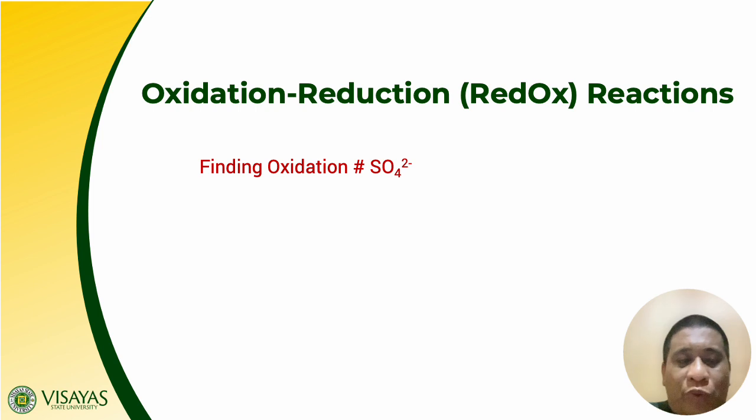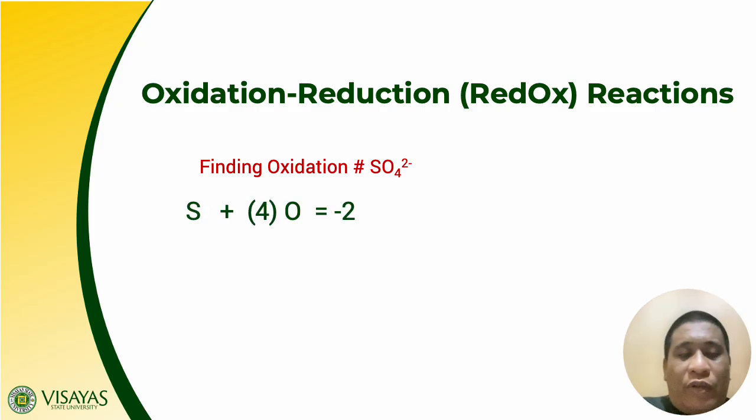Now, another example would be this polyatomic ion, which we know is the sulfate ion. So you have SO4 2-. That means the overall net charge would be negative 2. In this case, we know from the rules that oxygen will be negative 2, so we can solve for sulfur. We can write this as an equation: oxidation number of sulfur plus 4 times the oxidation number of oxygen, since there are 4 oxygen atoms, is equal to negative 2.